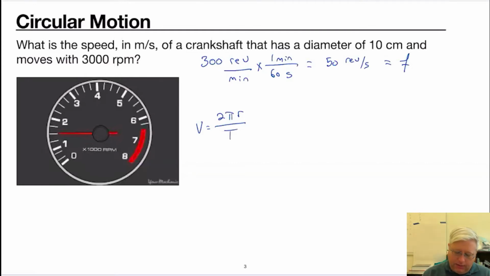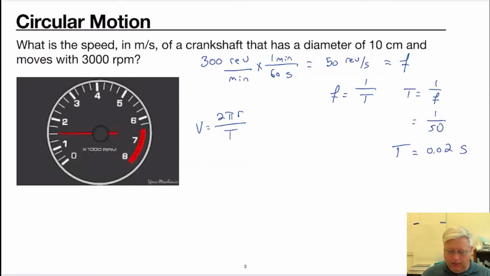There's a simple relationship between frequency and period. They're just the inverse of one another. So if we wanted to know the period, it's just 1 over the frequency. So this would be 1 over 50, which would be 0.02 seconds.